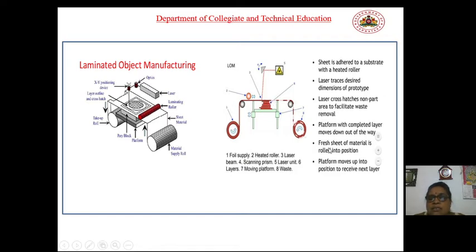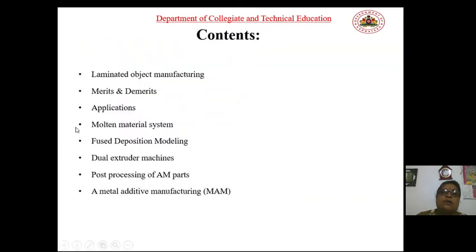The last step: the platform moves up into position to receive the next layer. Like this, layer by layer, the sheet will be laminated, and the process continues for the next operation.